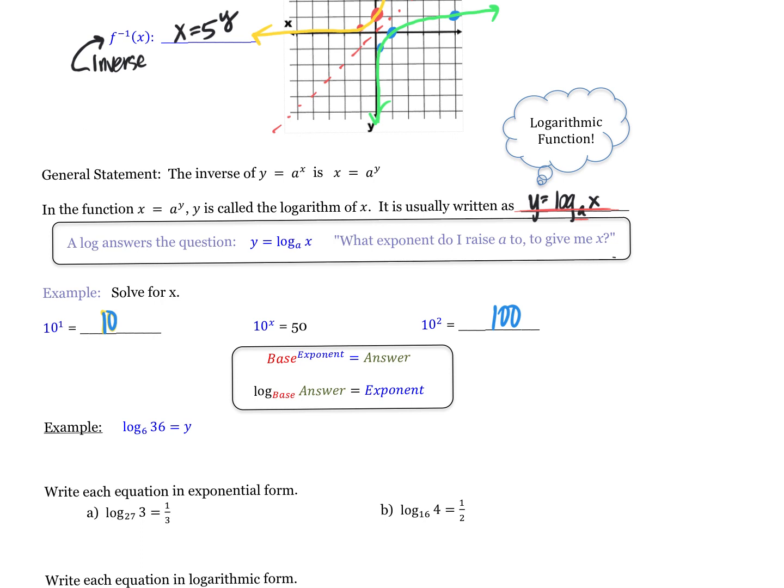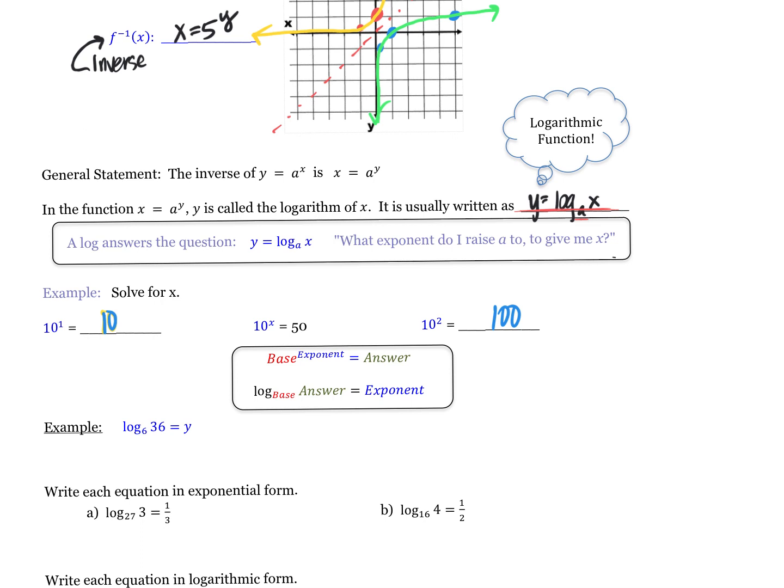Oh, 10 to the 1.6988. 10 to the 1.6989. 10 to the 1.689, no, 1.699. I mean, I think that's pretty good.